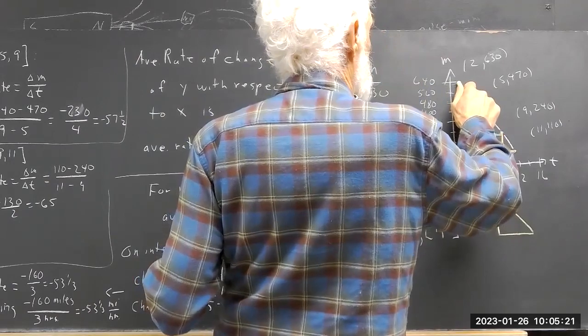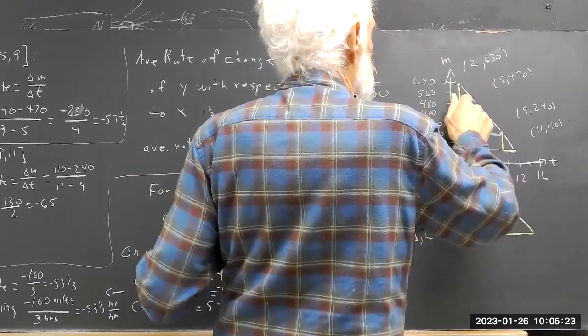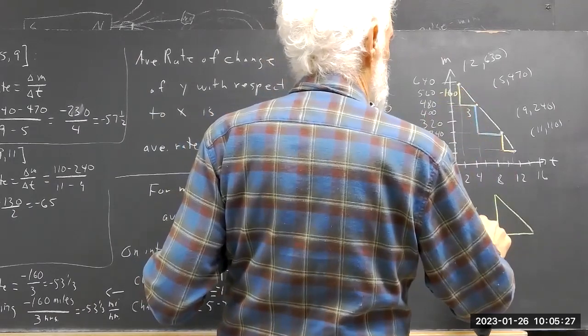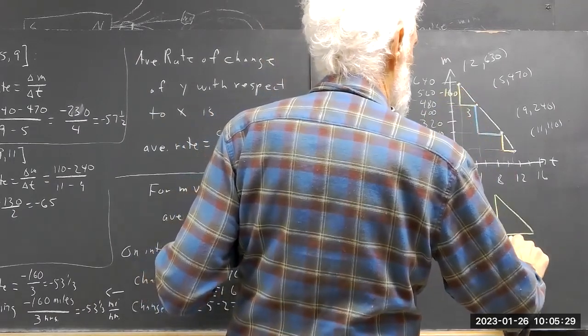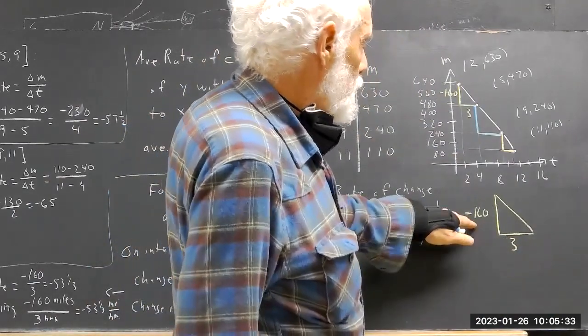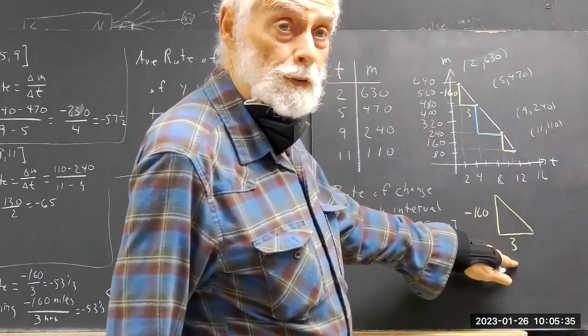Probably would have been better for me to draw the triangle here. Keep it where it is, -160. Okay, I'll write that down here where you can see it. That's the rise. This is the run.